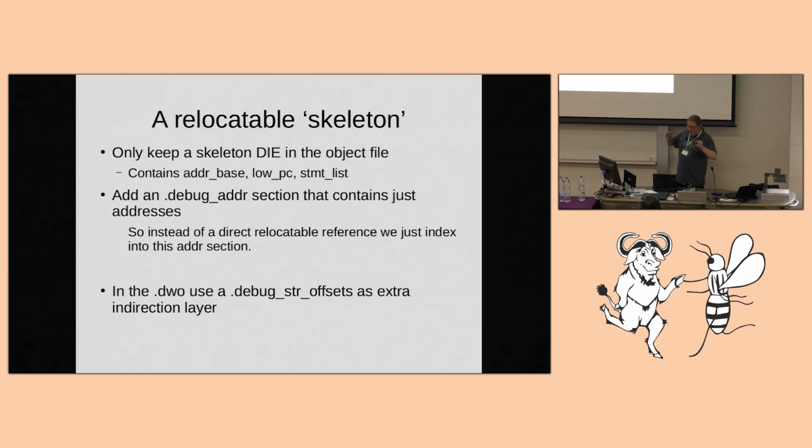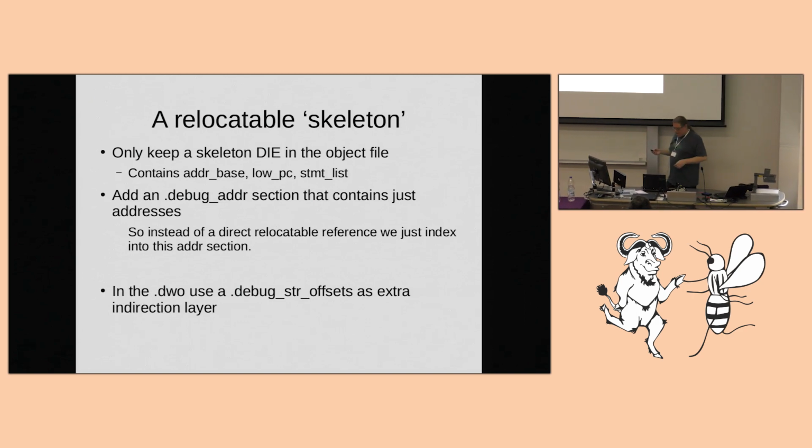Then anything that refers to an address, like in the previous case, can just index into the table. And for the string references, because indirection is always a solution for everything, you introduce a string offsets section in the DWO file. That's not directly needed, but it is needed when you combine them again.